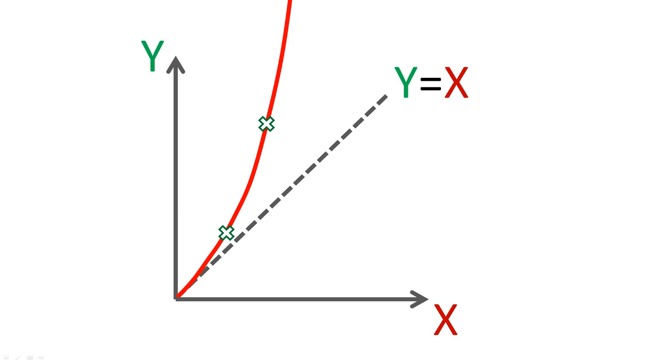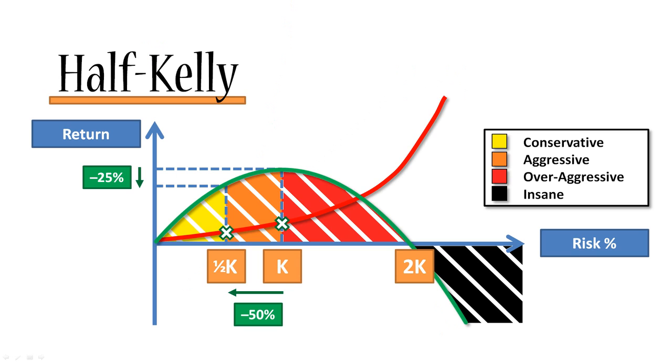And so that means that going back to our Kelly chart, we can say that in addition to the return decreasing only by 25% and the risk decreasing by 50%, we also now know that the volatility decreases by over 50%. And so together, combined, those three properties make half a Kelly a very important feature in trading and specifically in money management.